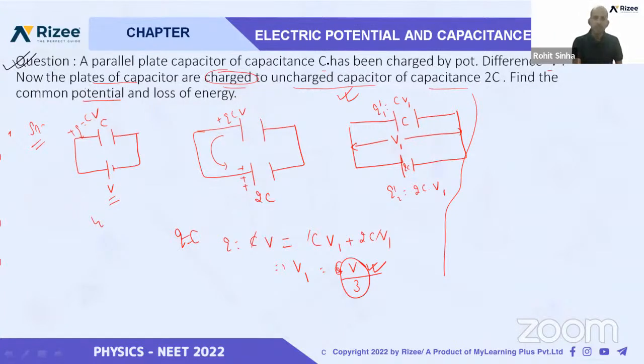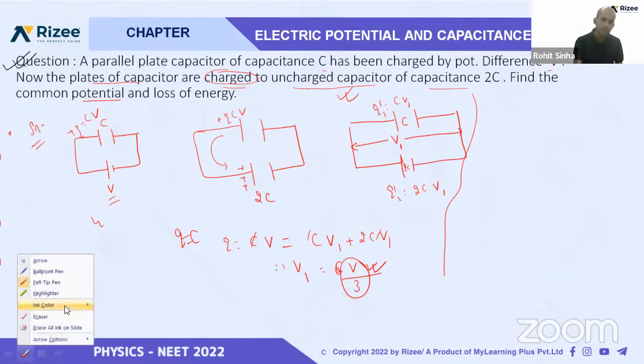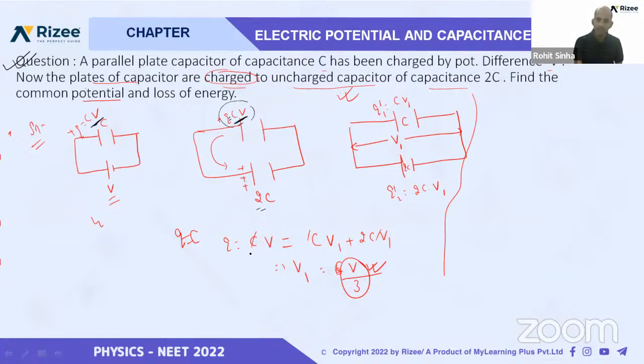What we did, you see, is find the initial charge. Initially, this capacitor will gain charge CV, so Q is equal to CV, and the other capacitor has no charge. When we connect both of them, some charge will flow, and they will both get positive charge.